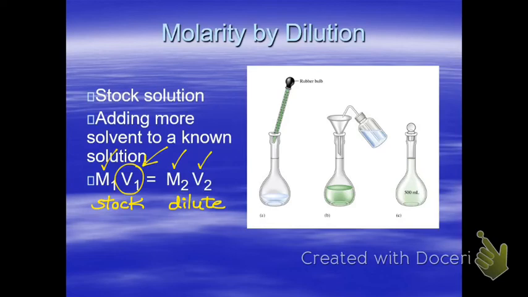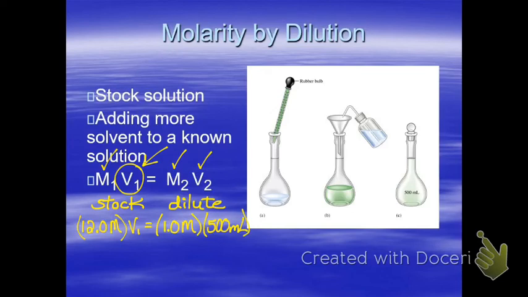Let's actually do that math. The stock solution was 12 molar. V1 is my unknown. The concentration that I wanted was 1 molar, and I wanted 500 milliliters total of that solution.